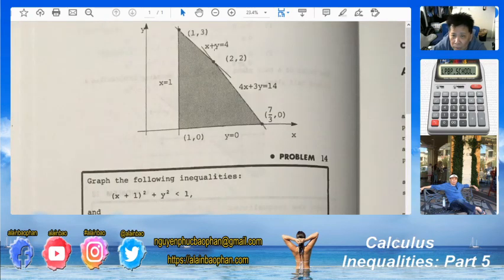Okay, x plus y equal 4. First of all, we need to sketch the line x plus y equal 4. We find the x-intercept and y-intercept. When x equal 0, then y equal 4.